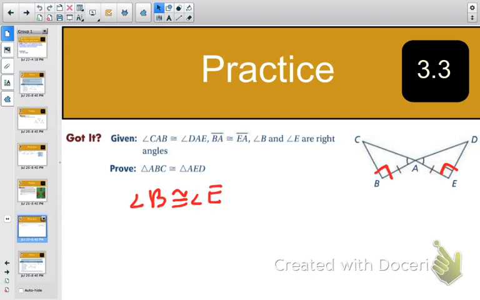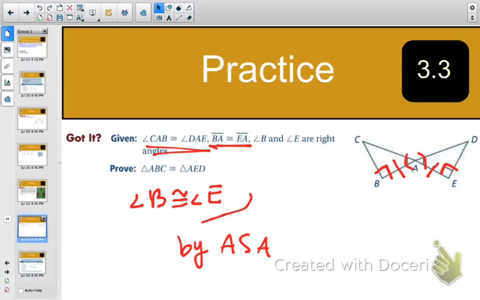We know that the two sides are congruent, AB and AE, because it's actually given right there. And then we know that these two angles are congruent because it's also given right here. So again, we have angle side angle. So that is true by angle side angle. So we know those two triangles are congruent by angle side angle.